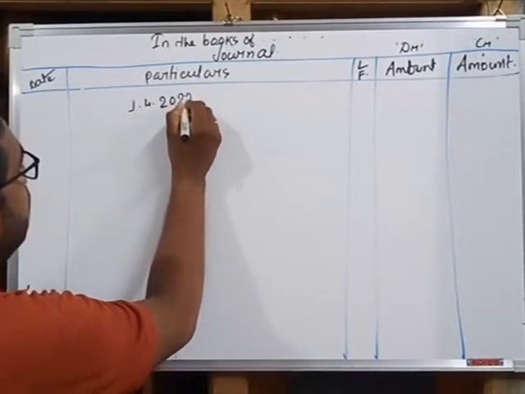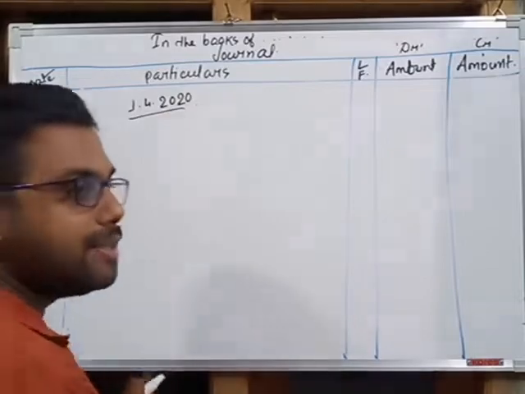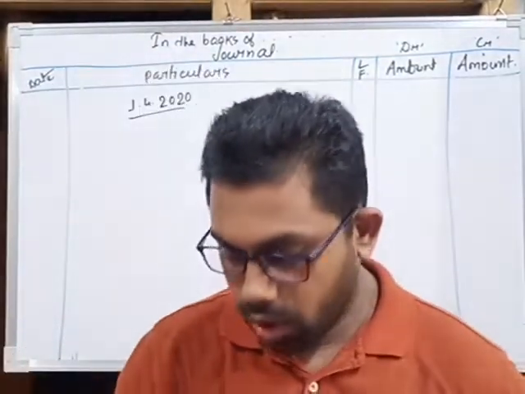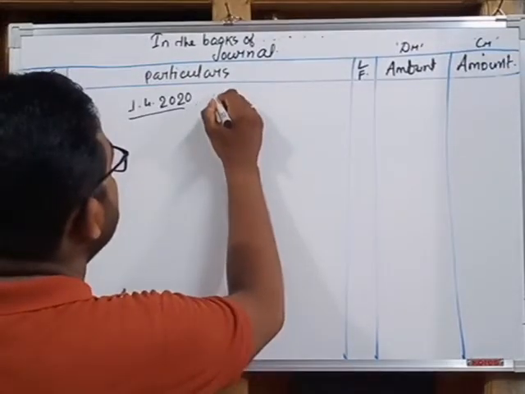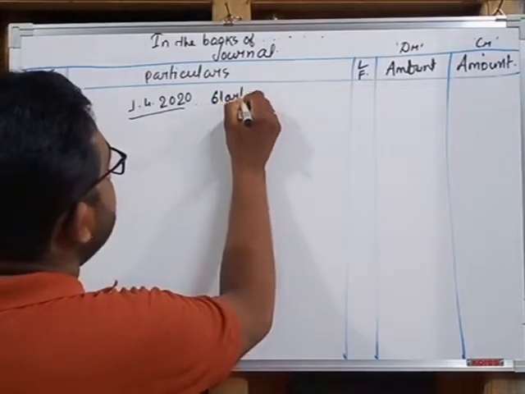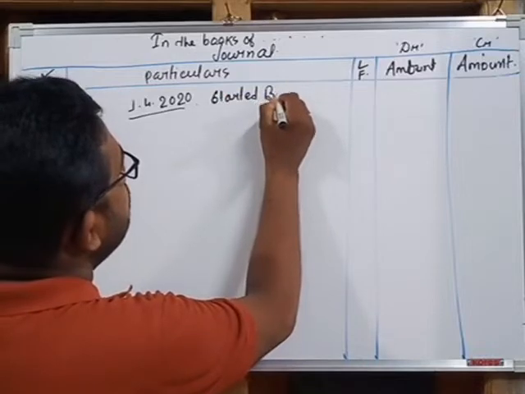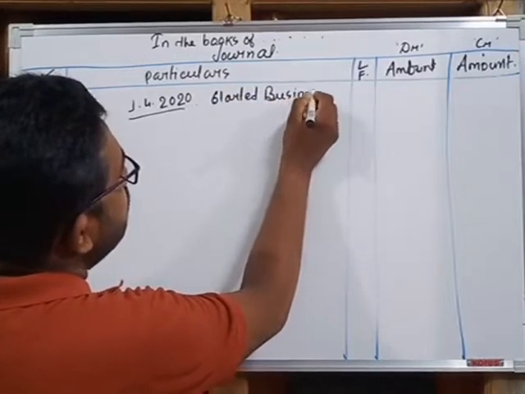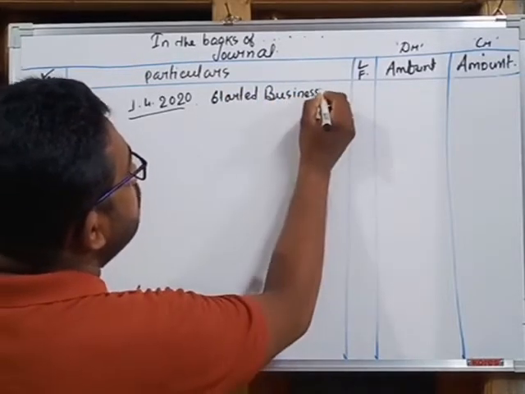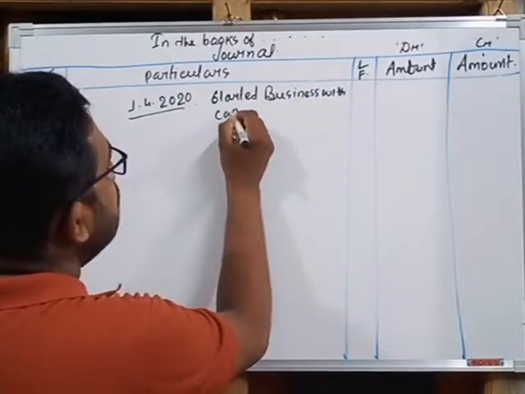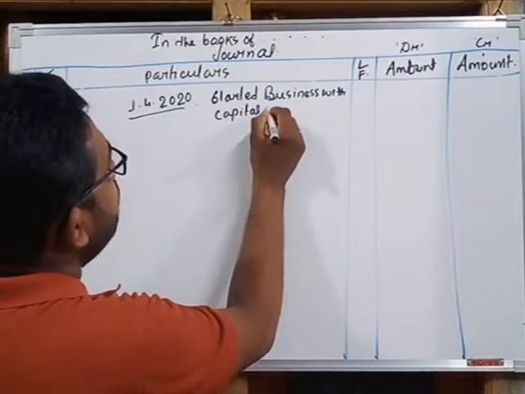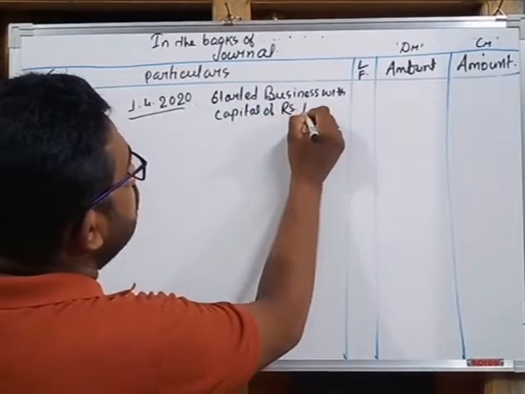So the first transaction we are going to record is on 1/4/2020. That means the first transaction that happens in our business on 1/4/2020 is: started business with capital of rupees 10,000.